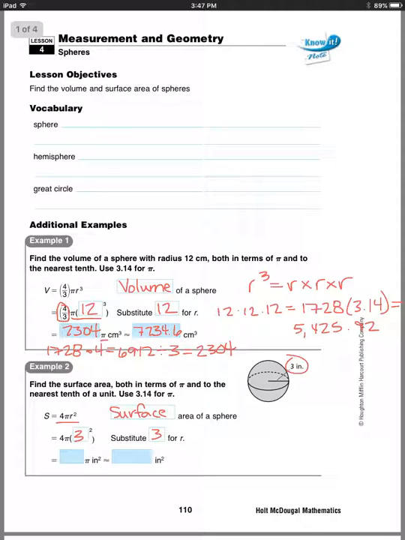So we have 3 squared, which is 9. 9 times 4 is 36. So it's 36 pi. So it's pretty much just like finding the area of a circle, but you multiply it by 4. And then to find it to the nearest tenth, we multiply 36 times 3.14, and we get 113.0 when we round to the nearest tenth.